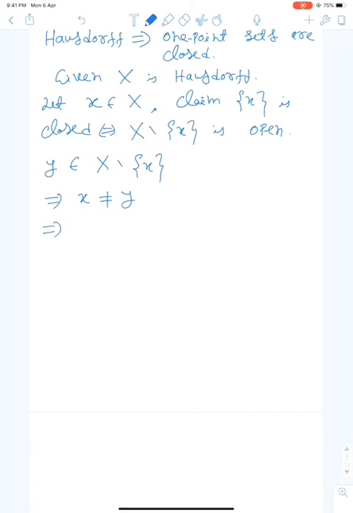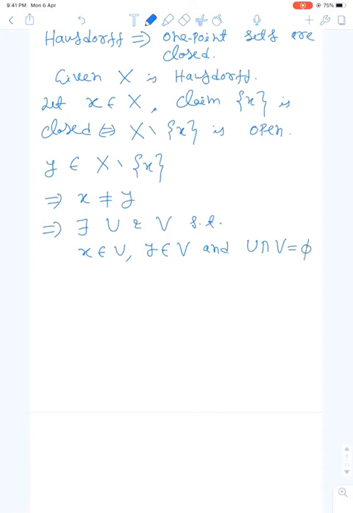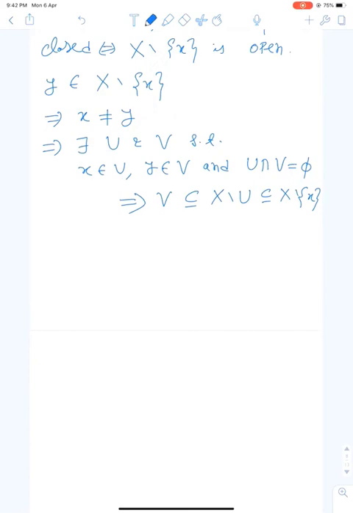So that implies there exist U and V such that x belongs to U, y belongs to V, and U intersection V is empty, right? Now that implies V is a subset of X minus U, which is a subset of X minus {x}. So y belongs to V and V is a subset of X minus {x}.